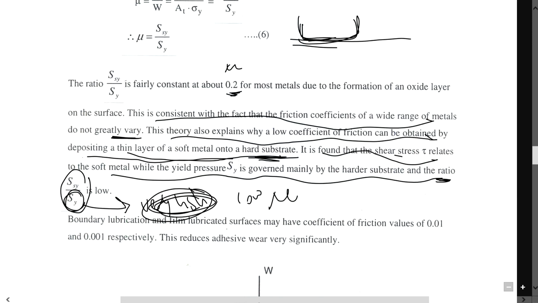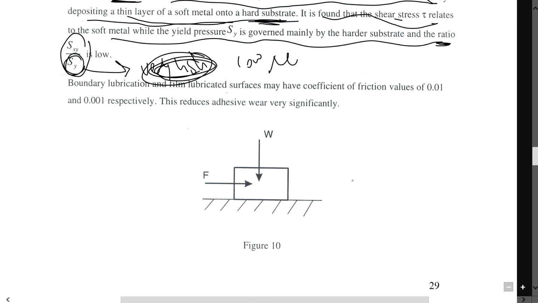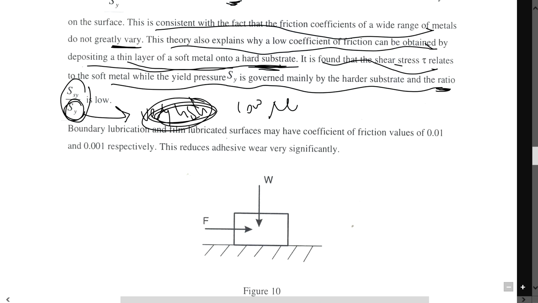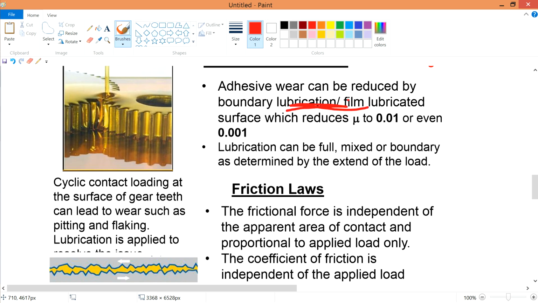For example, you have some tofu. You try to take your hand and move over this tofu. The friction coefficient of the tofu against your hand is very low, because you can easily slide through it. I think you get what I mean. So you can actually bring in lubrication also.